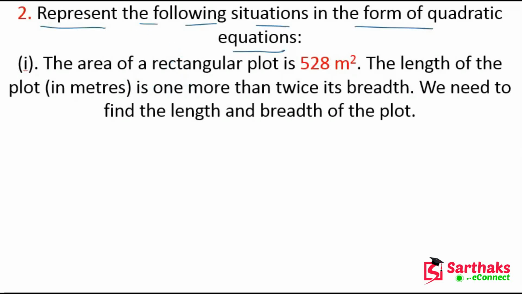So what is the situation? The area of a rectangular plot is 528 meters square. The length of the plot, in meters, is 1 more than twice its breadth. We need to find the length and breadth of the plot.